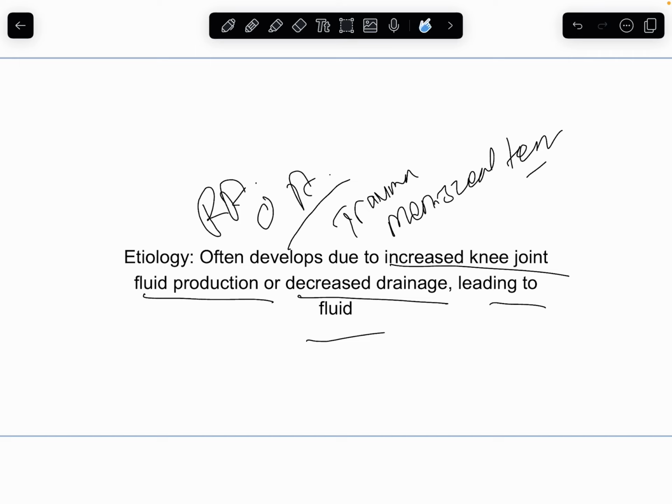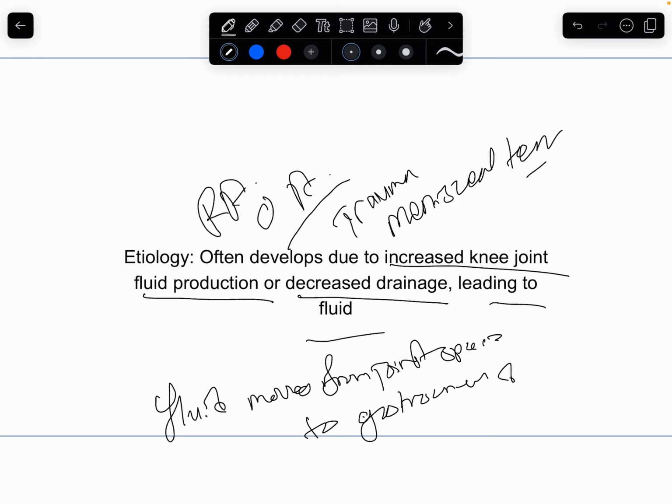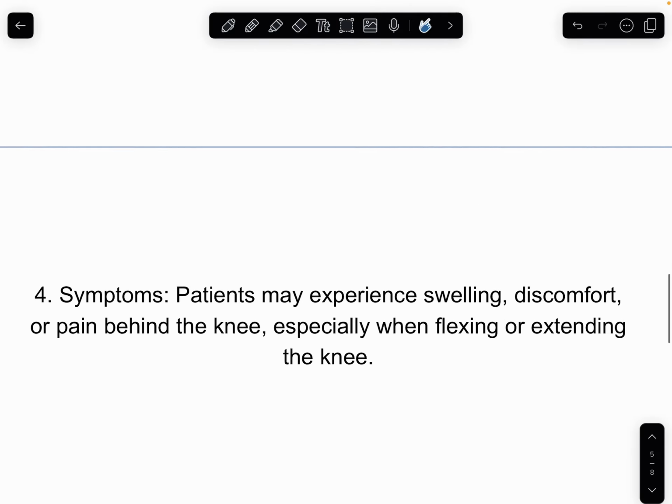So what happens is the fluid moves from the joint space to the gastrocnemius and semimembranosus muscle behind the joint. So we talked about etiology.